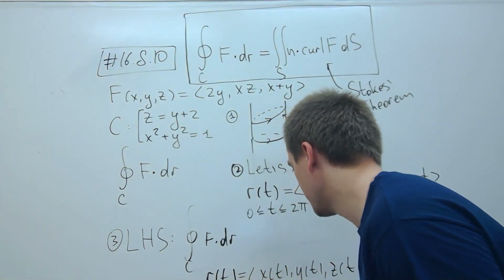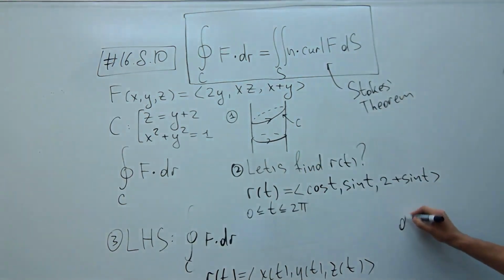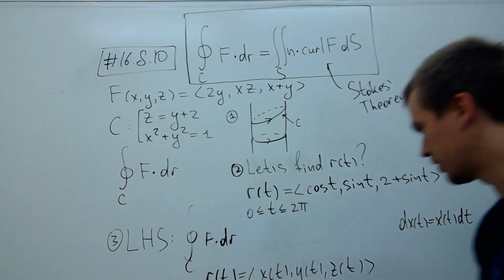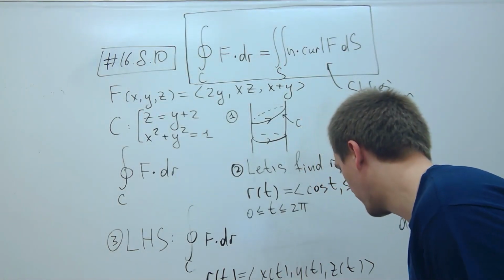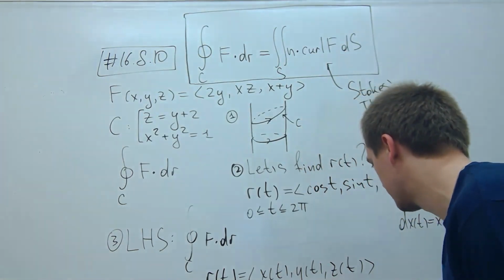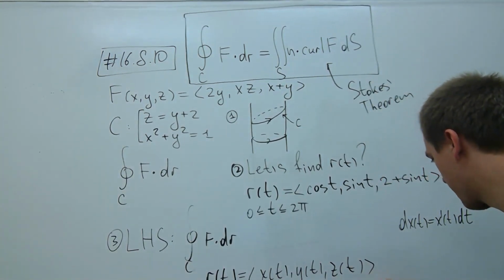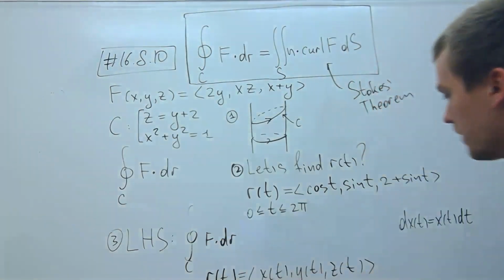Then if I find dr of this one, I have dr of t equals, and here I'm using the fact that I said before, dx of t equals x prime of t times dt. So what I will get over here is x prime of t dt, y prime of t dt, and z prime of t dt. So this dr is actually a vector, and F is my vector.